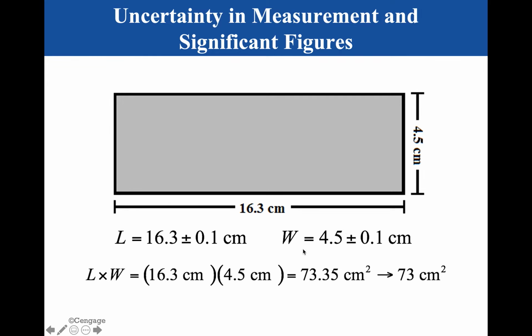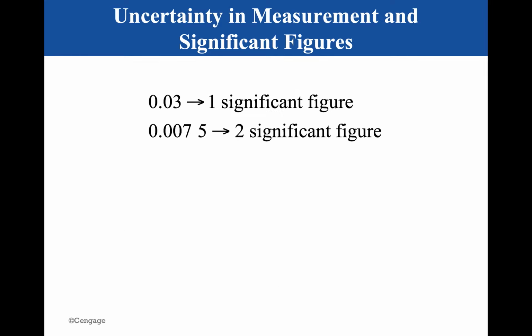When I multiply them together, I can only go to the smallest number of sig figs. So I'm going to get 73 square centimeters as my best estimate. And then we'll talk about later what my uncertainty is. There are different ways of doing that, which we'll talk about together rather than me doing it on the video. Okay?